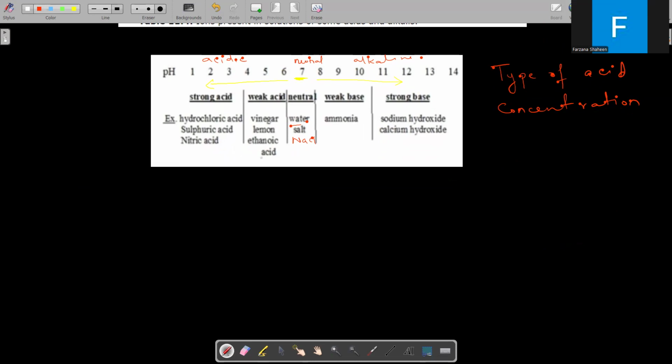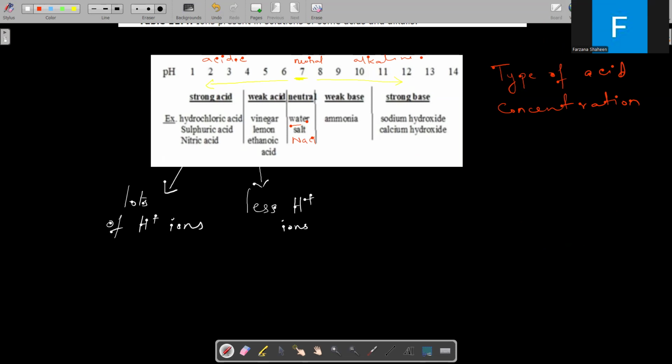So what do you mean by weak acids? Weak acids are those which have very less hydrogen ions. And what are strong acids? Strong acids are the ones which have lots of hydrogen ions.